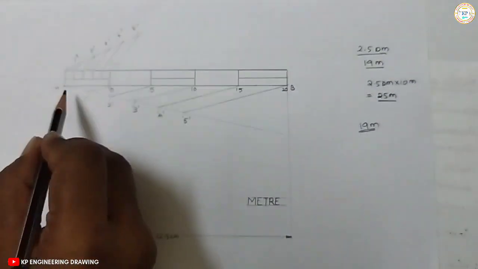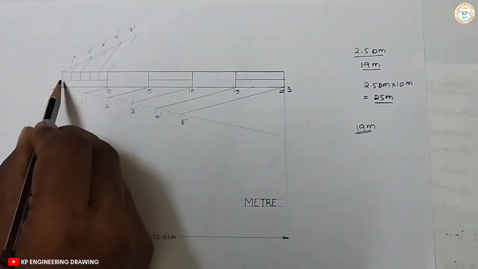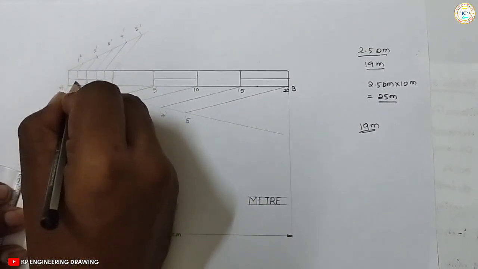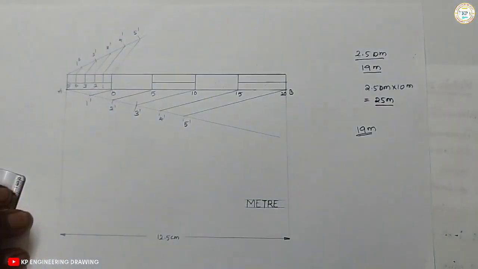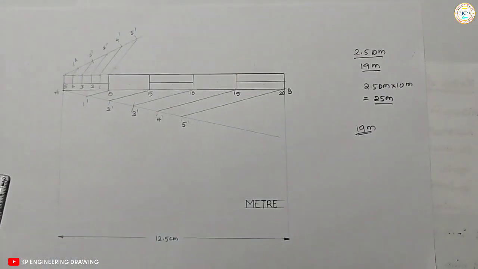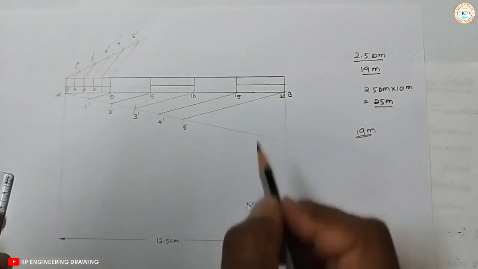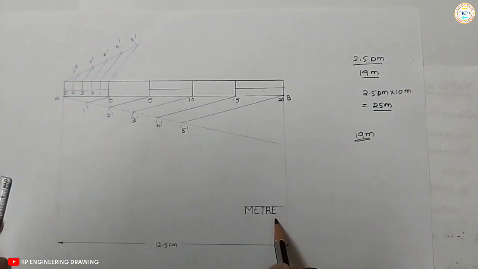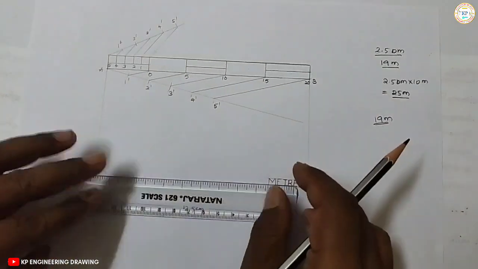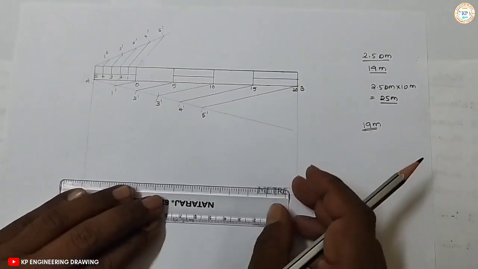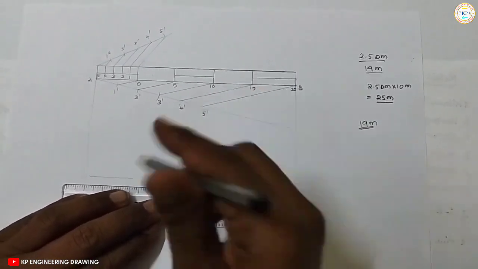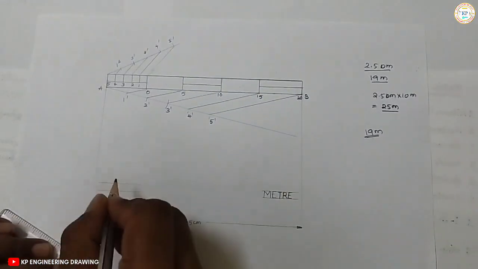Right? So we have divided this 5 meters into 5 equal parts. Say this is 0, 1, 2, 3, 4 and 5 meters. So we have to mark 19 meters. Here the main scale is 50 meters only and the subscale is also in meters.